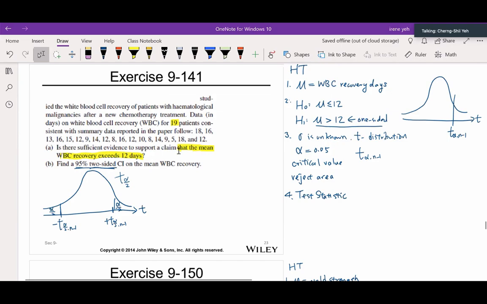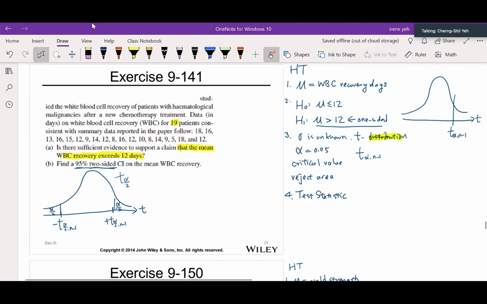The hypothesis testing is the mean recovery days exceeds 12 days. All right. So this is a one-sided test. We have it on the right already. One-sided upper bound test. Population standard deviation is not given. All right. So this is going to be a t-test.